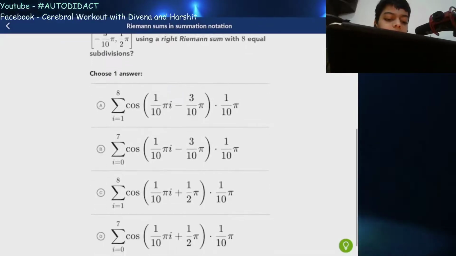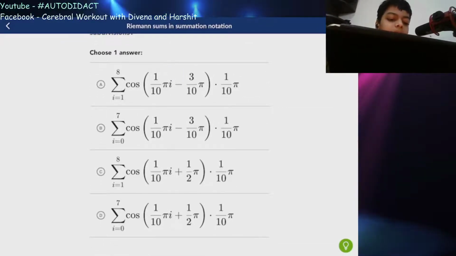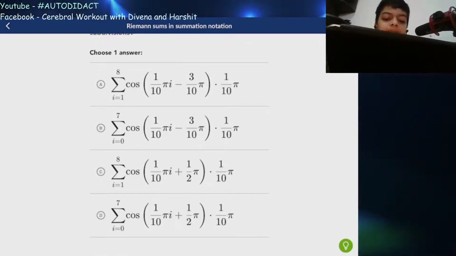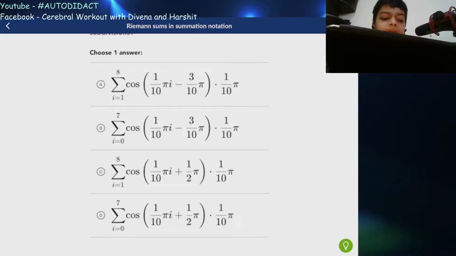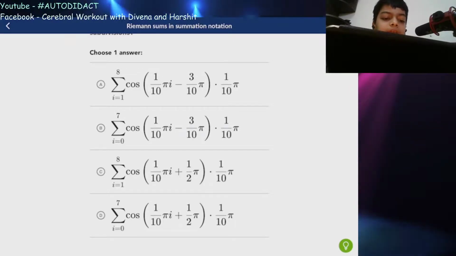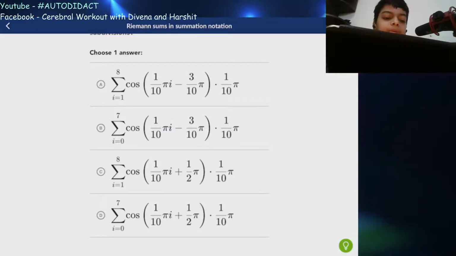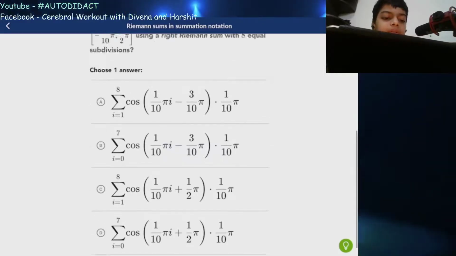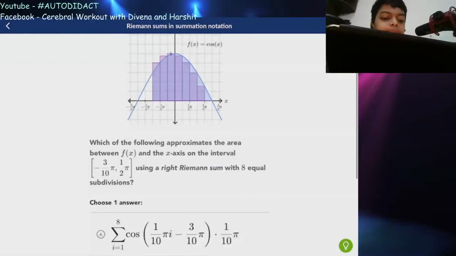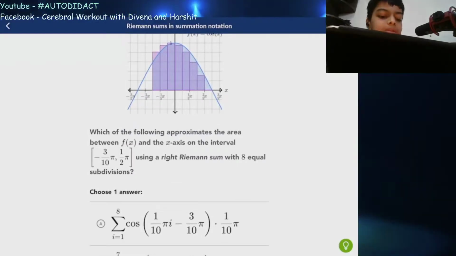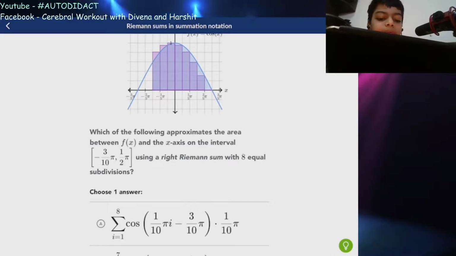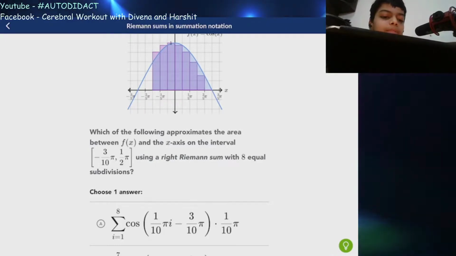The sigma notation is correct, but let's see the other part. The equal spacing is 1/10 pi, as it is given in all of the answers. So we just have to check the inner part. Let's check the first one: 1/10 pi I minus 3/10 pi, times 1/10 pi.